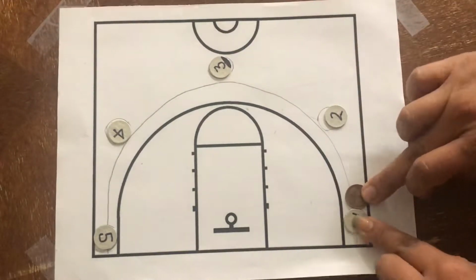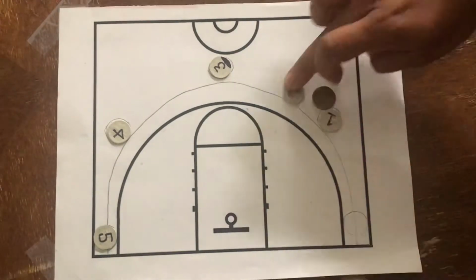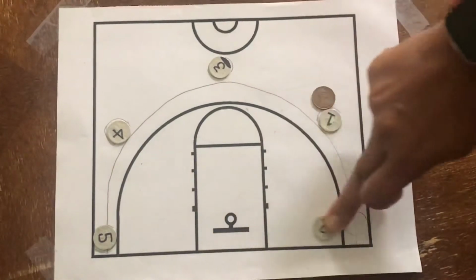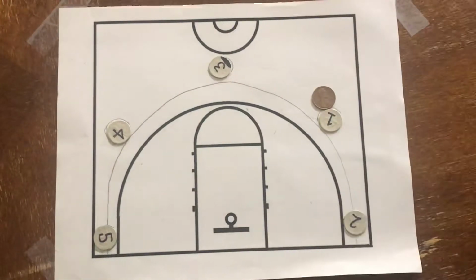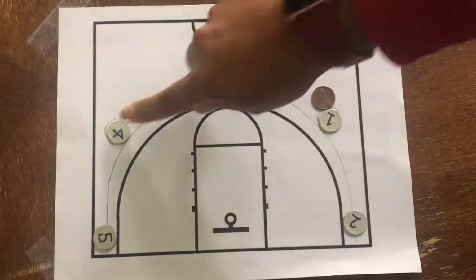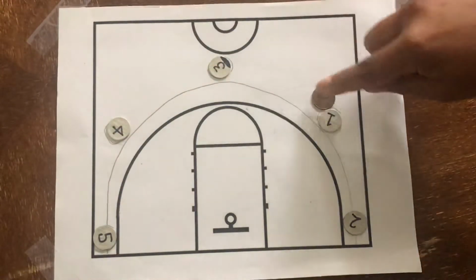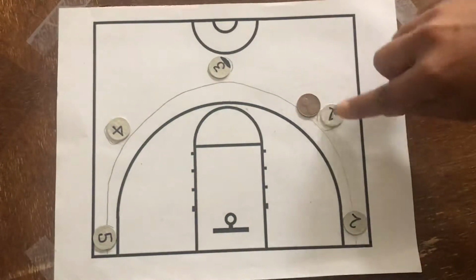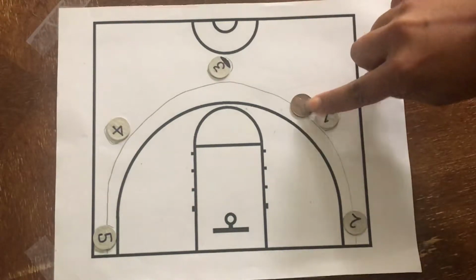This player decides to dribble at, this player is cutting, and then just filling the spot that the player came from.